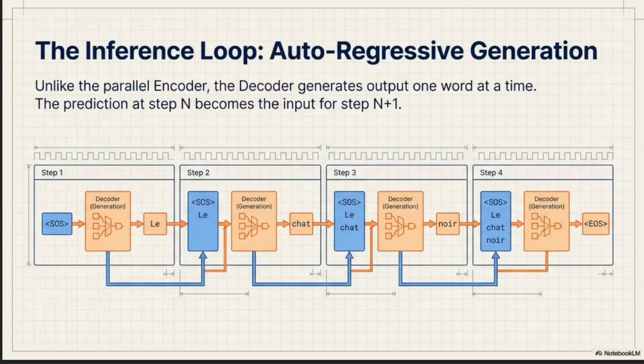Now when we use the model to generate text, or inference, it works in an autoregressive loop, unlike the encoder, which processes everything at once. The decoder generates one word at a time. So we start with the special token as the first input, SOS, or start of sentence.